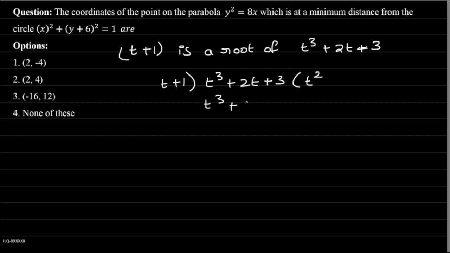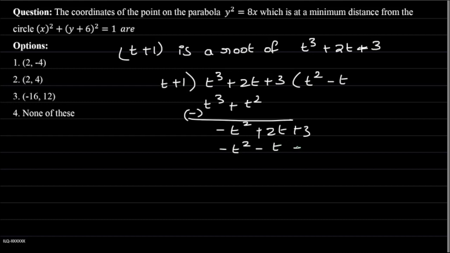After subtracting, we get minus t square plus 2t plus 3, then minus t square minus t, and after subtracting we get 3t plus 3, which finally gives 0.